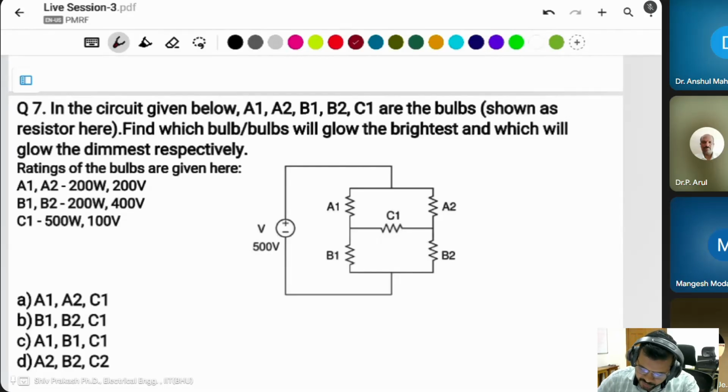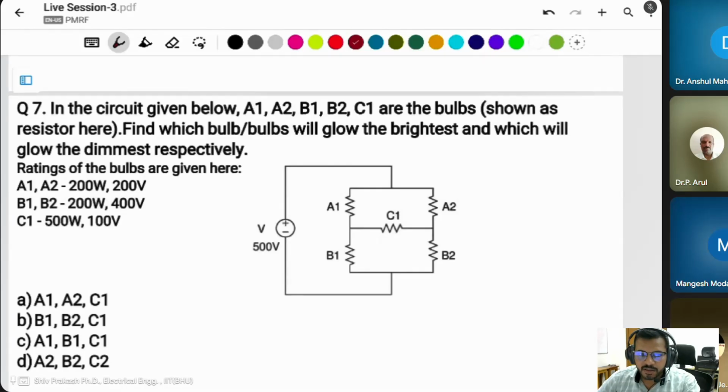In the circuit given below, A1, A2, B1, B2, C1 are bulbs shown as resistors. Find which bulb will glow the brightest and which will glow the dimmest, respectively. Rating is given. You have to find which glows higher.